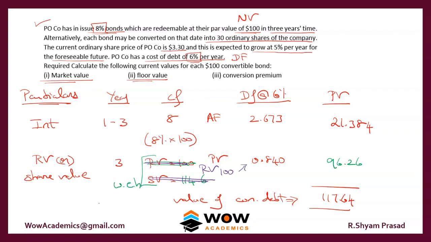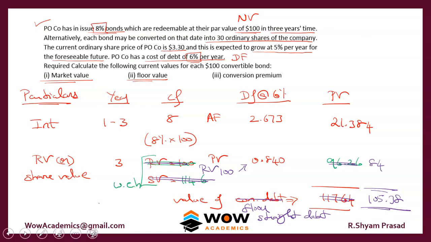So 100 multiplied by 0.84 comes to 84. So the value would be 105.38. This is the value of the floor or straight debt, without the conversion option.